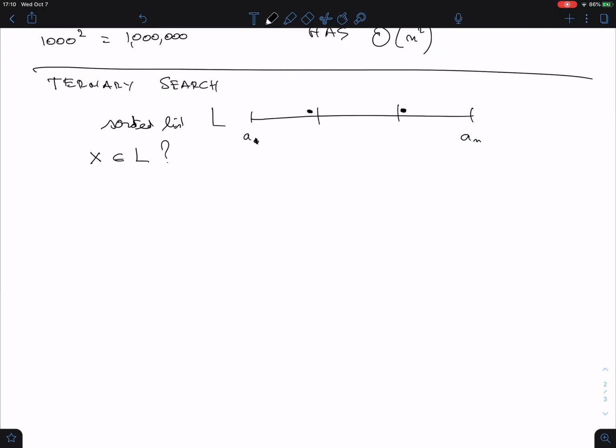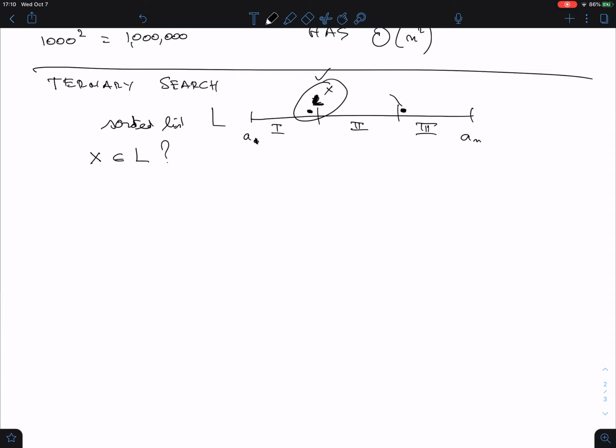And what we did was we divided into 3 equal parts, and then we checked, is X bigger than this? Sorry, this number, the last one in the first part. If X is bigger than that, we know it must be in the second. So let's call these part 1, part 2, and part 3. If this checks out, then we know it's either in the second or third. If it doesn't check out, we know it's in the first.